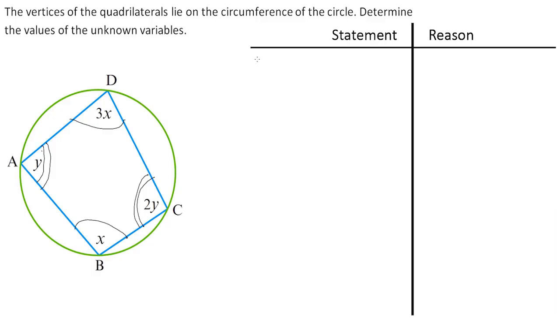So we're going to say firstly 3x plus x is equal to 180 degrees. Why? They have told me that ABCD is a cyclic quad.